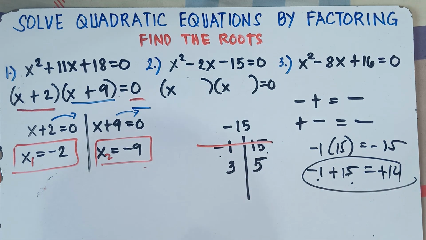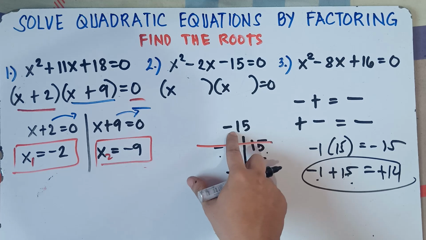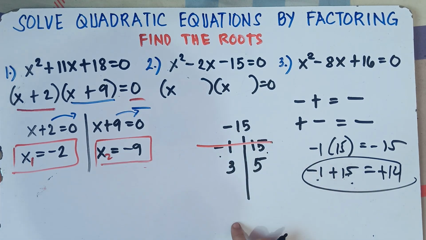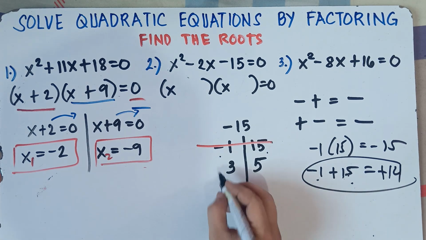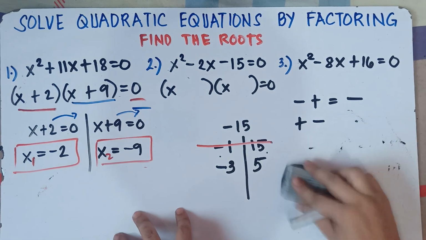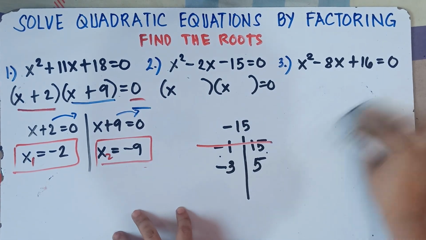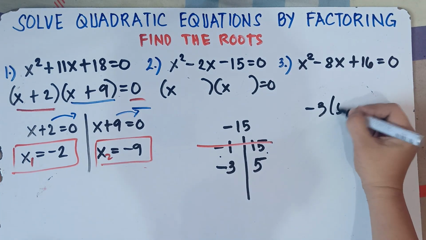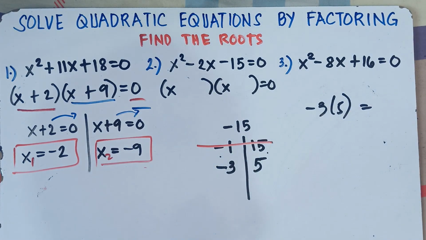Now, how about 3 and 5, class? One number should be negative because we have negative 15. How about if we select negative 3 and positive 5? Let's multiply negative 3 and positive 5. Do we get negative 15? Yep.